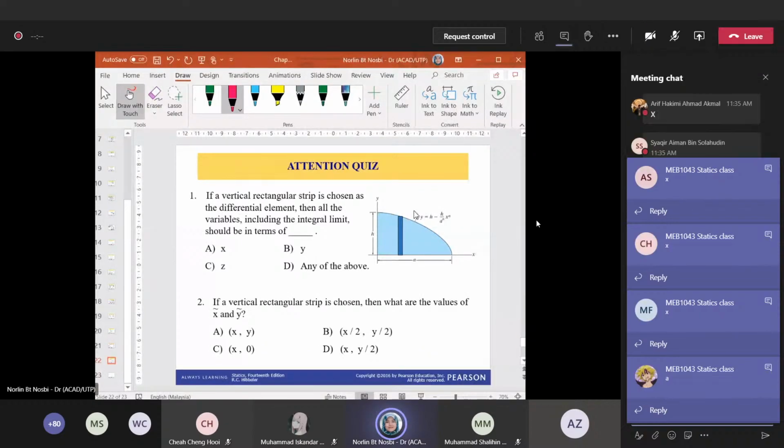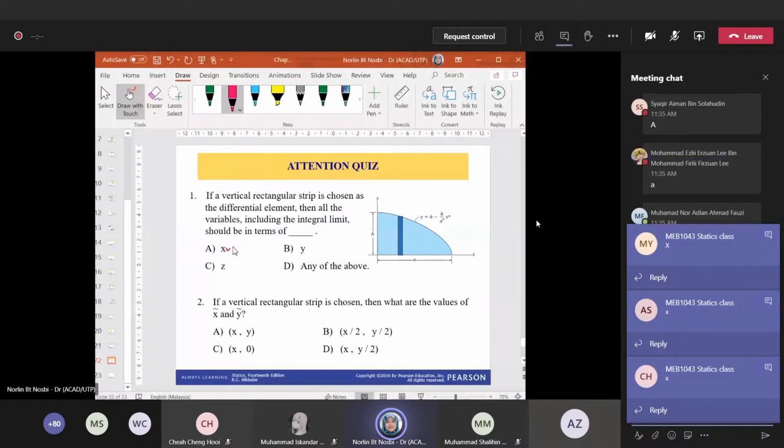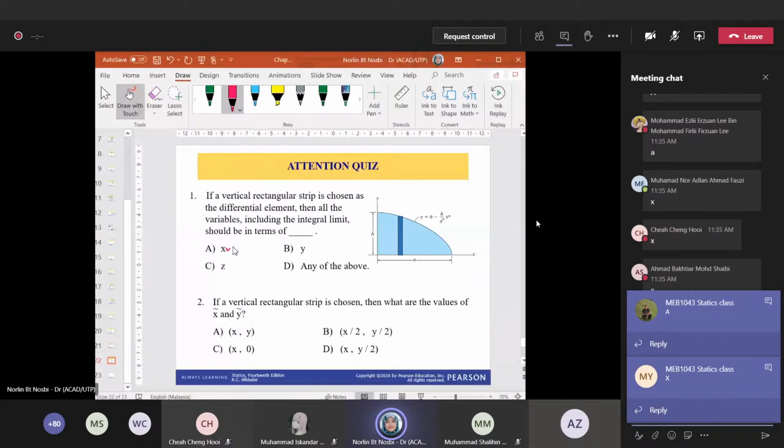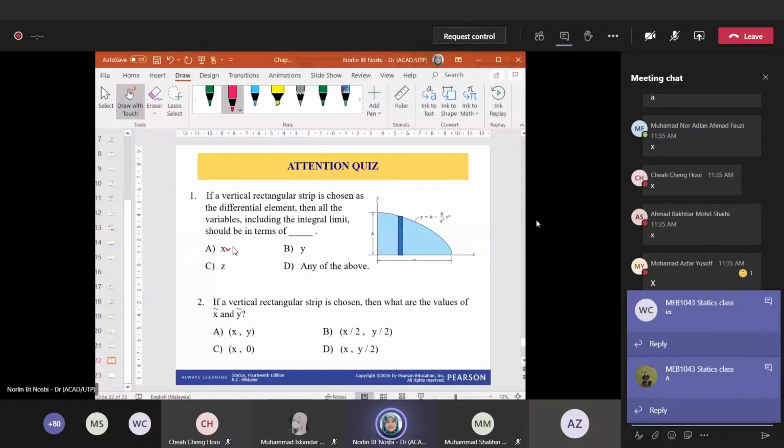It is X. Let me show back the point. Okay, this one, for vertical x element. So the answer is A.